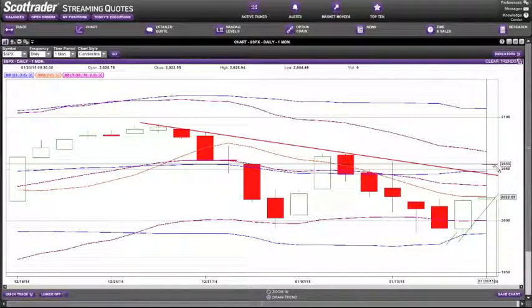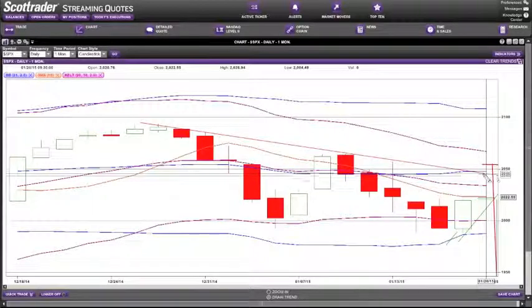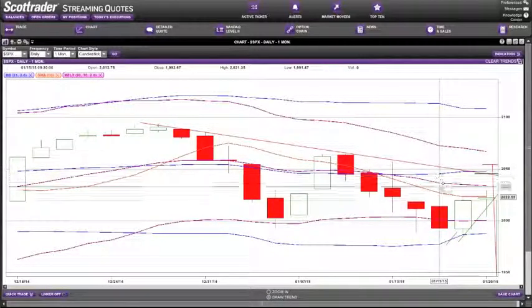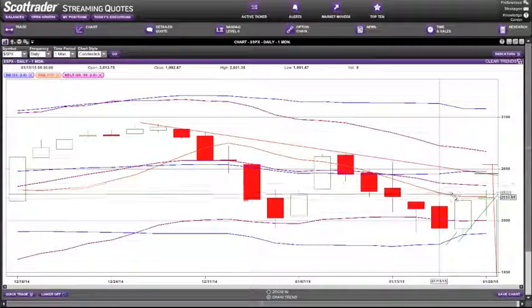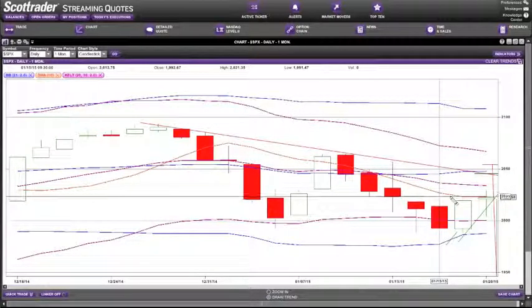Maybe that would be the high for tomorrow, and then prices close right here, that 2047 range, and then fall a little bit on the next day, find support right here.